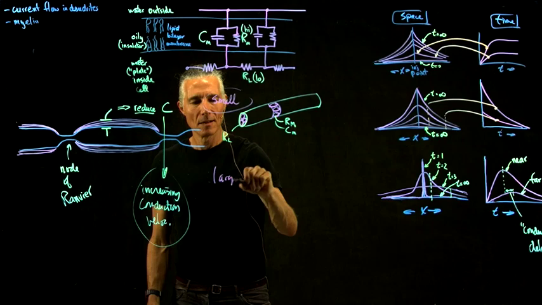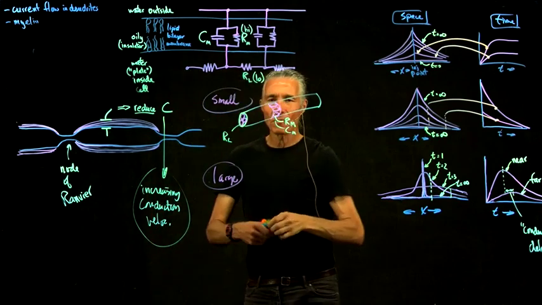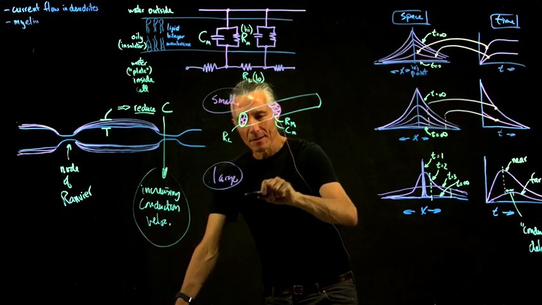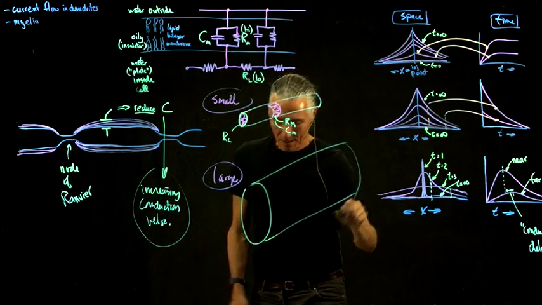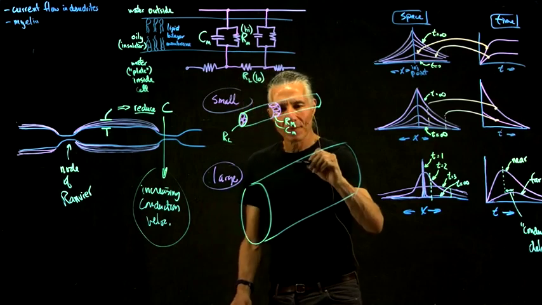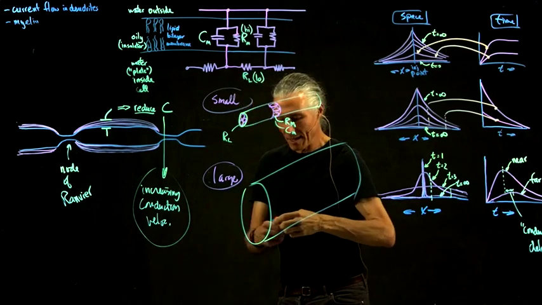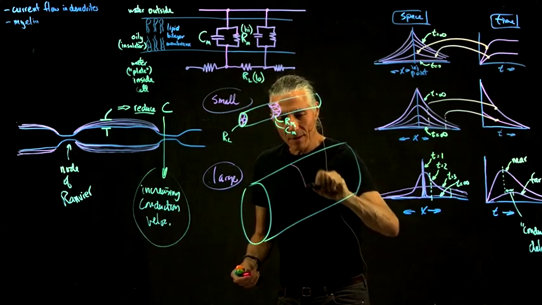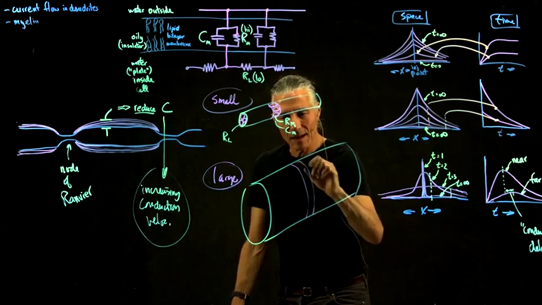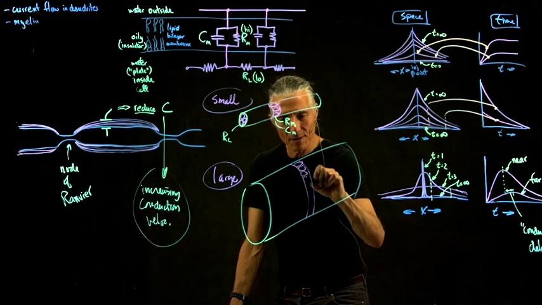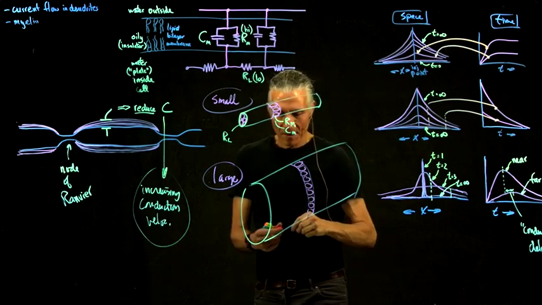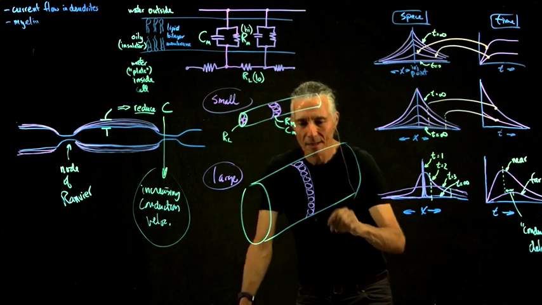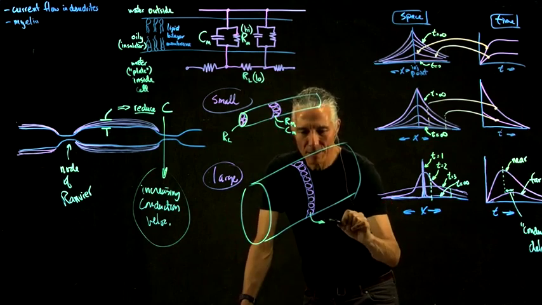Large. So if you make a bigger axon, what happens? Well, here's a much bigger axon. If we look at the membrane, we're going to see a couple of things happen. There's a lot more area of the membrane. So what's that going to do? It's going to increase the membrane capacitance.